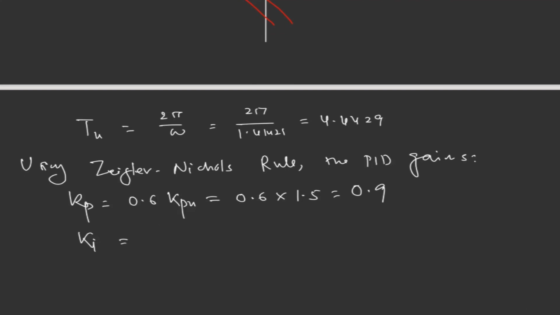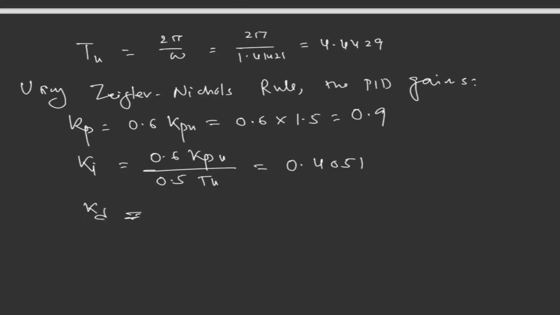Ki equals 0.6 Kpu divided by Tu, which comes out to be 0.4051.